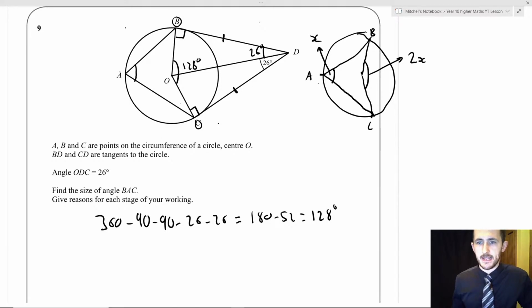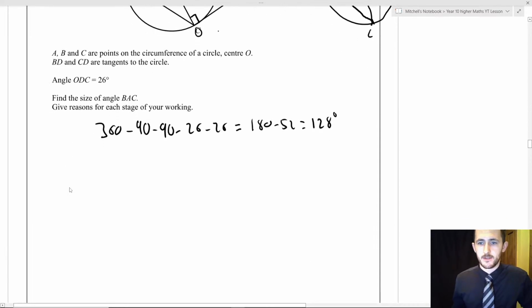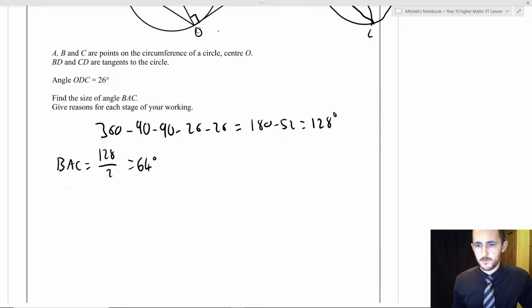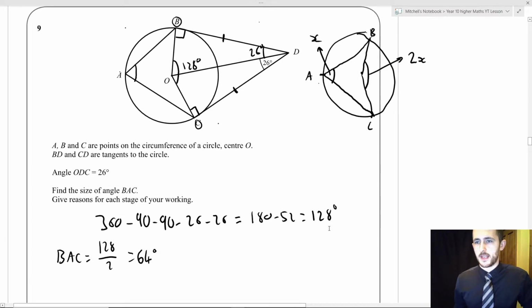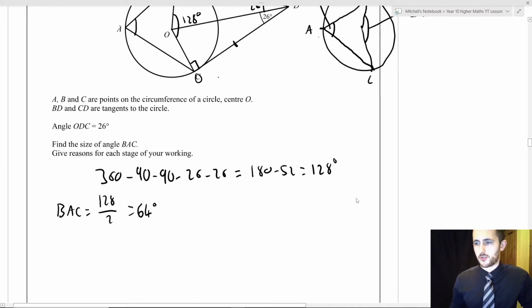So this angle at A is half of that. And Evie, is that all okay with you? In terms of reasoning, what I would say is angles in a quadrilateral add up to 360.